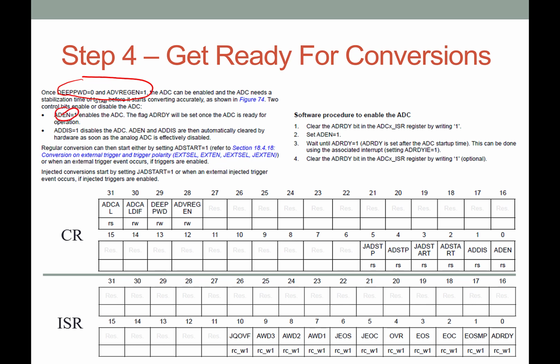Then we have to enable the analog to digital converter, and it says that the flag analog to digital ready will be set once the ADC is ready for conversion. Okay, so that's a flag that you could watch, and of course that basically will tell you when this stability time has passed. It says ADDIS equals 1 disables the analog to digital converter, and ADEN and ADDIS are then automatically cleared by hardware as soon as the analog to digital converter is effectively disabled.